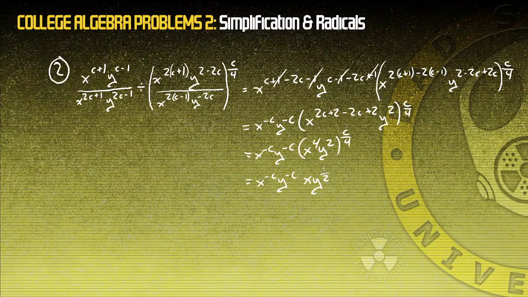Well, actually, I should show it. So you get x to the 4 times c over 4 times y squared times c over 4.